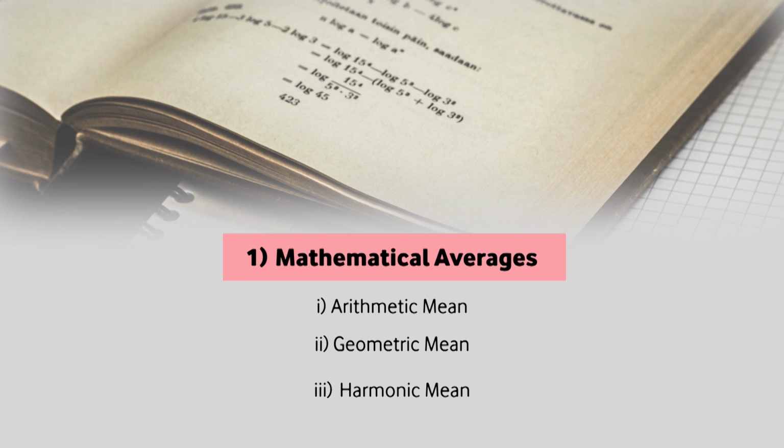We will discuss each one of them in different sessions. These mathematical averages can be either simple or weighted mathematical averages. A detailed discussion we will have in the next sessions, not in this session. In this session we will only focus on the computation of mean.